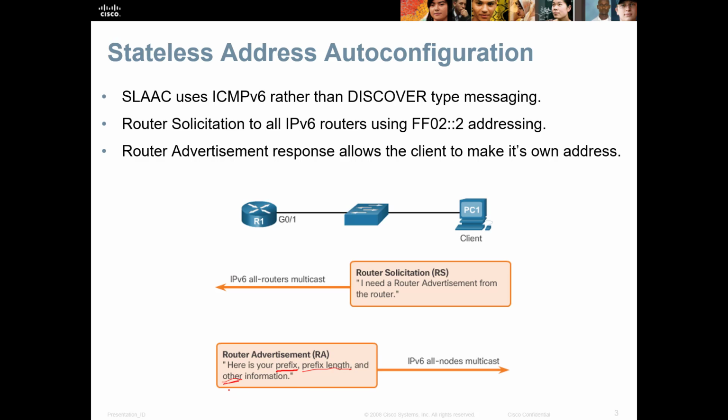We'll be talking about that. And it sends it to all nodes in a multicast. Remember in IPv4, the response from the router was a unicast. Now we're seeing it in a multicast.